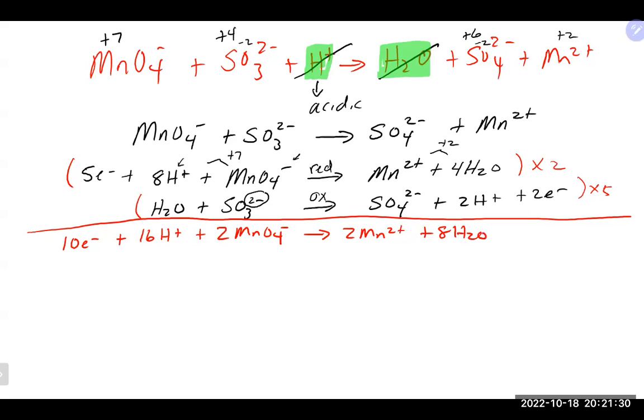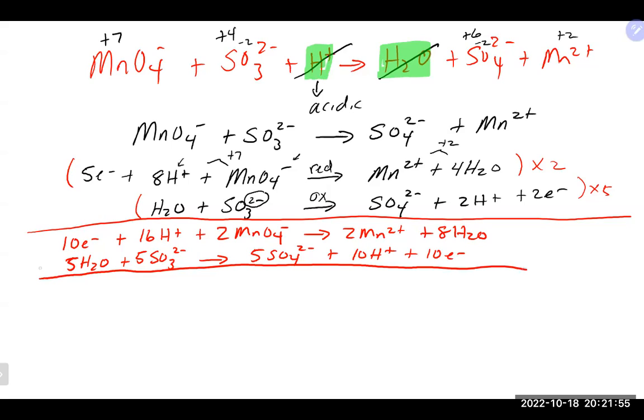Multiplying the 5 to the bottom equation gives me 5 waters plus 5 SO3 2 minuses, 5 SO4 2 minus, and 10 H pluses. And 10 electrons there. Now that I do have the same number of electrons, we can add these guys together.